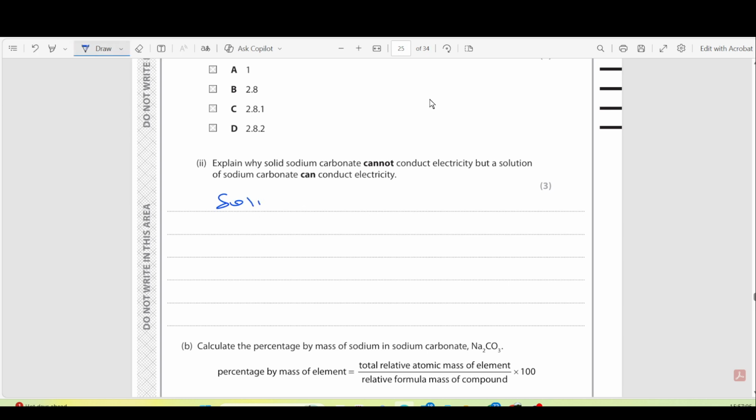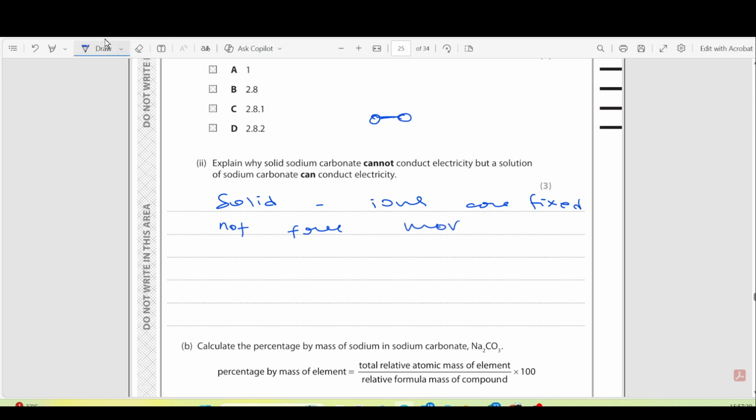In the solid, ions are fixed in their lattice structure by strong electrostatic forces of attraction between particles, and because the ions are not free to move, they cannot carry electrical charge. We know that as charges move they generate electricity, an electric current.